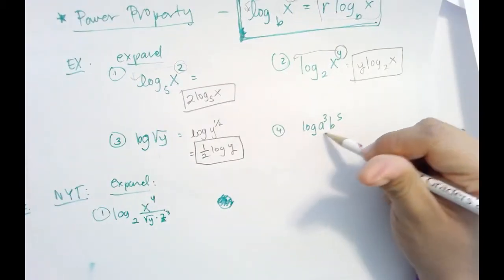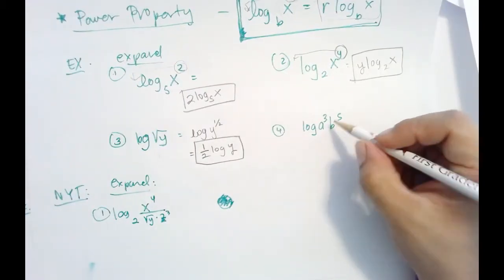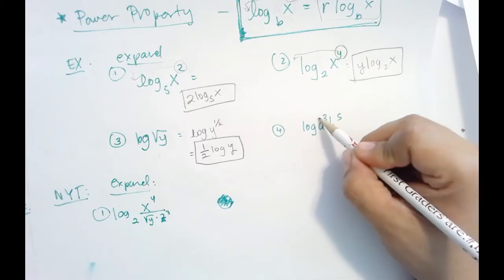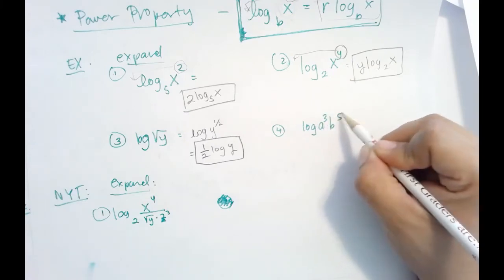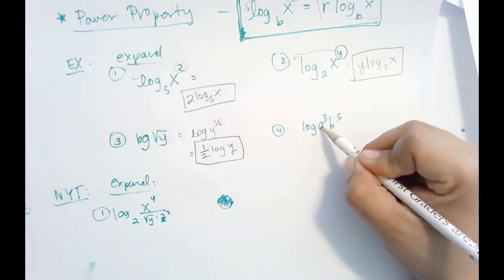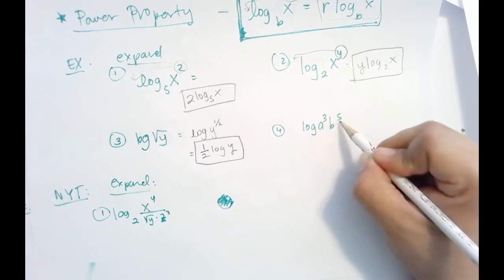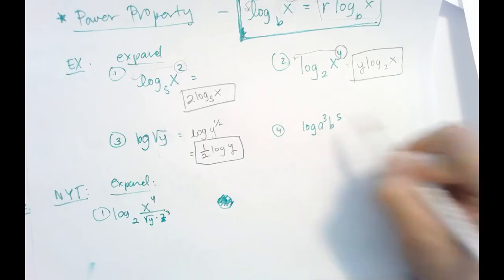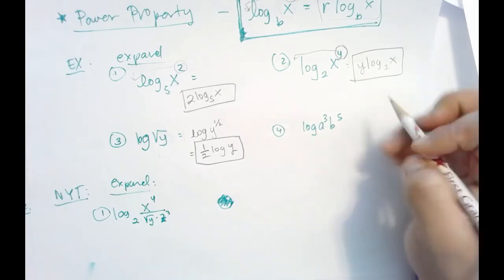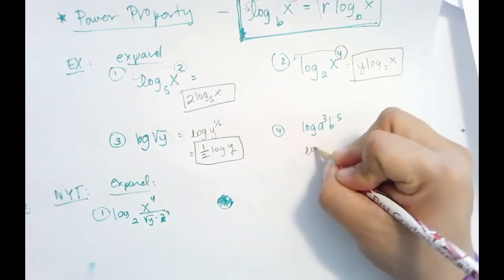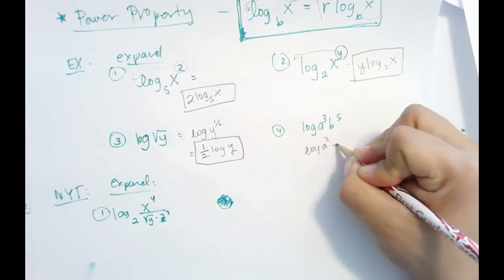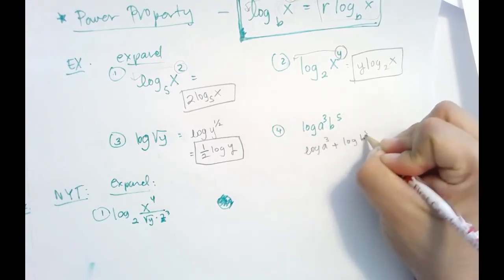So again, here you have two of them, okay? You have two. Well, these two are products of each other. This whole product is not raised to one single power. This is a product of two different variables raised to two different powers. So we can use the product property first, okay? So this is log of a cubed plus log of b to the 5th power.